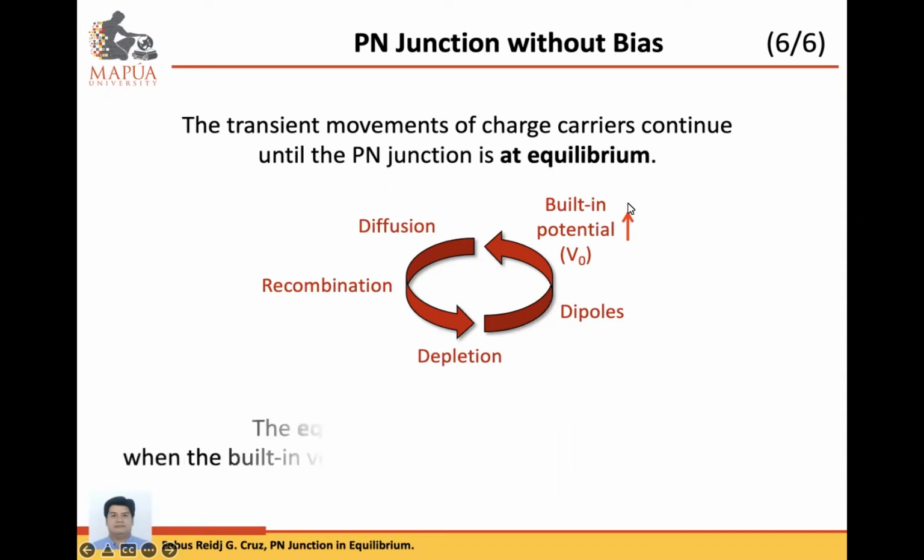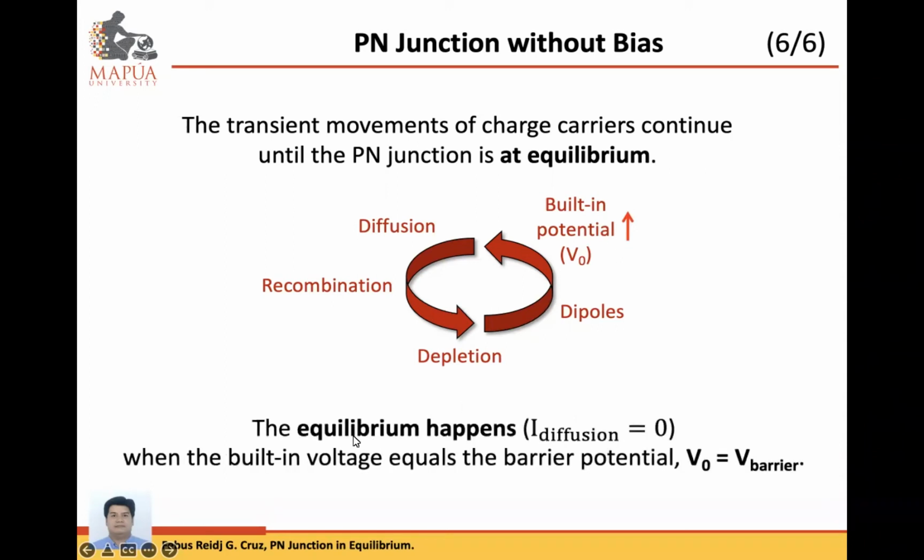All right? So the equilibrium happens, which means the diffusion current will eventually become zero. The movement of carriers stops when the built-in voltage becomes equal to the so-called barrier potential. So the built-in potential increases up to a voltage value equal to the barrier potential.